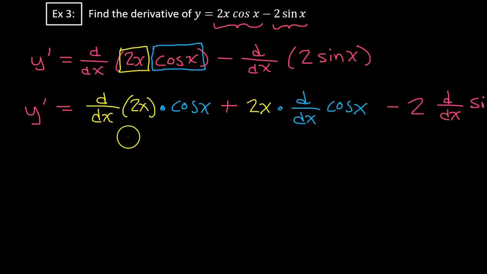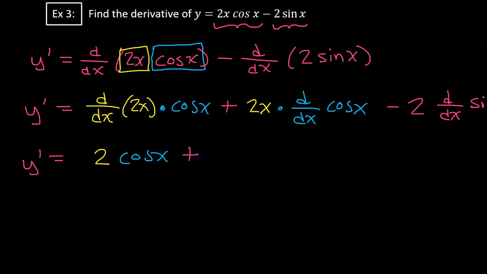All right, so now all we have to do is go back through and do all the derivatives, all the d/dx's. So I have y prime equals, well, the derivative of 2x is just going to be 2. And so I'll have 2, and then the cosine x, there's no d/dx, nothing's happening to it, so I just brought it down.